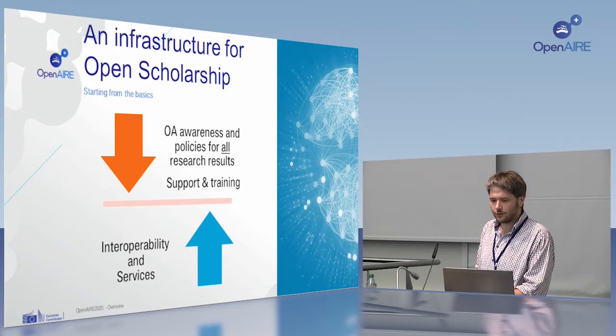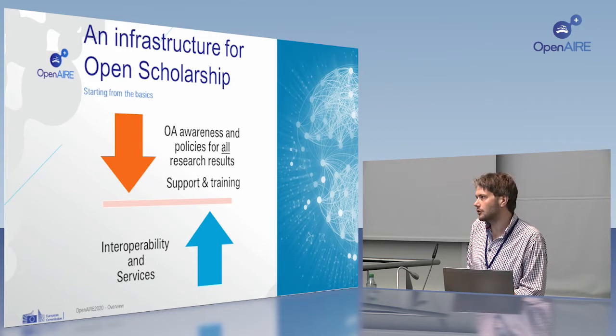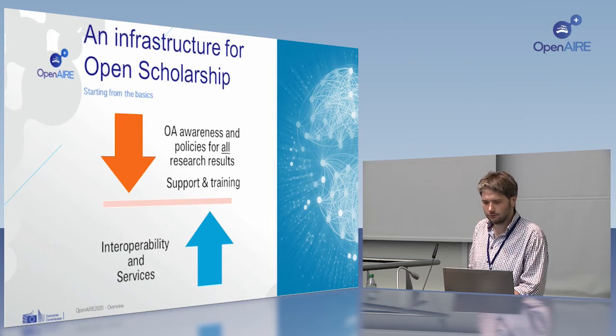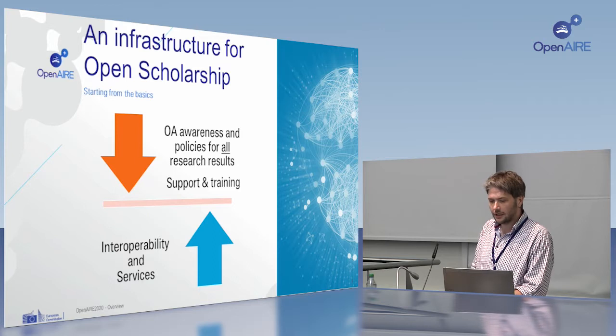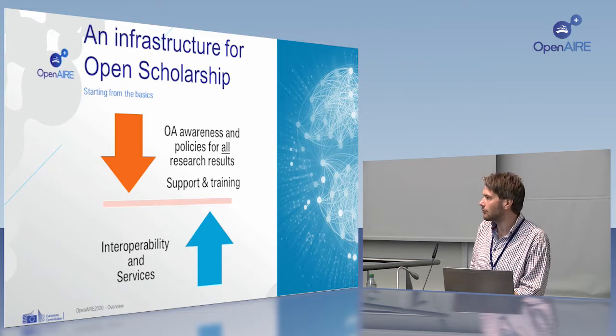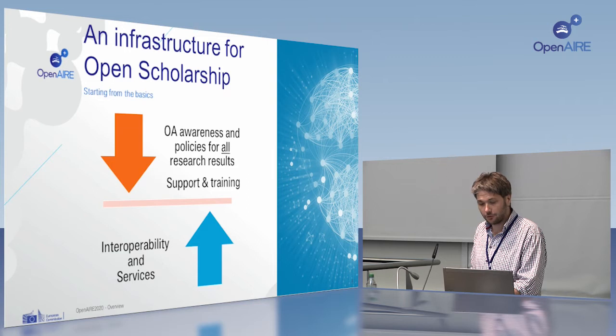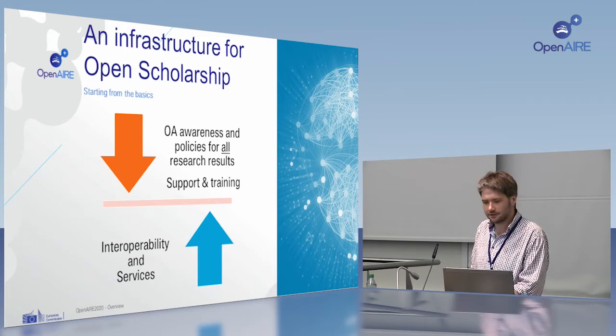How do we do this? We have a network of national open access desks that provide awareness and help to harmonize and align policies, that provide support and training in how and what open science is, how you do it. We also provide interoperability and services.